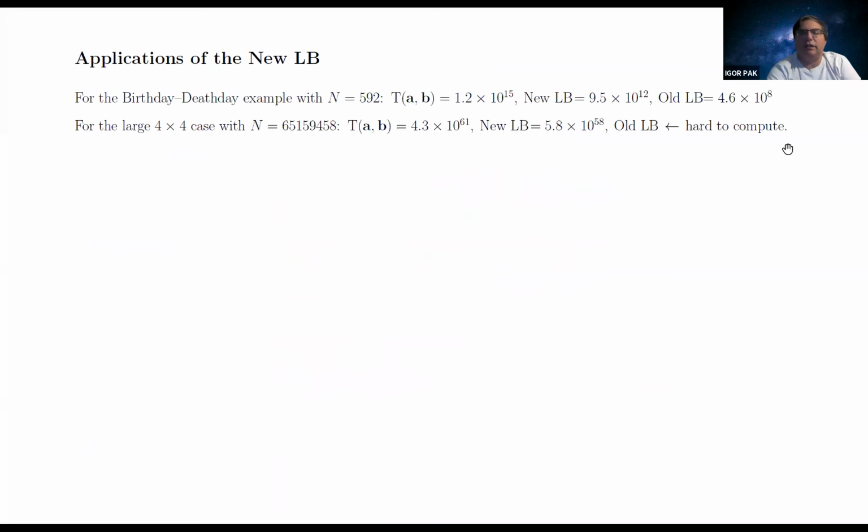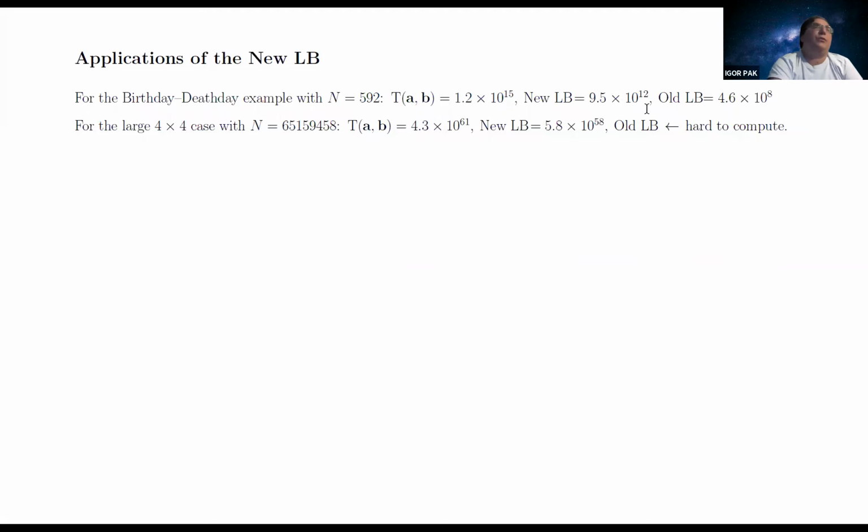Rather than showing you lots of complicated formulas, let me just recall this birthday death example. In this case, we just have 592 descendants of Queen Victoria, and the number we already remember. It was computed this way. The heuristic works amazingly. The old lower bound, due to Barvinok, was about 4.6 times 10 to the 8.